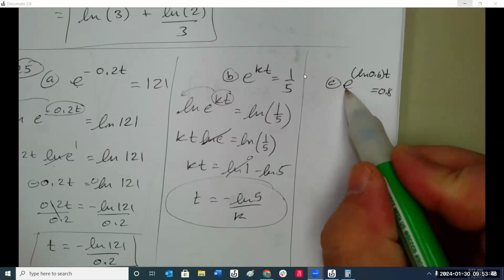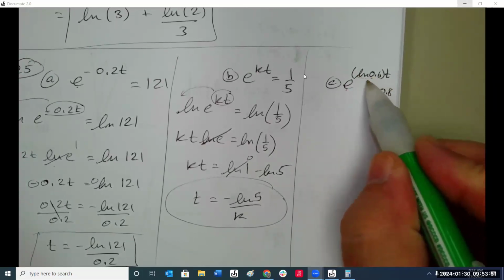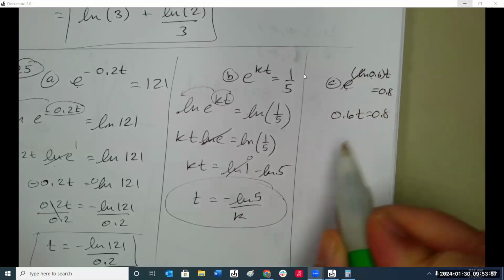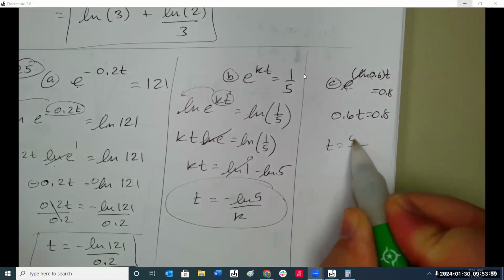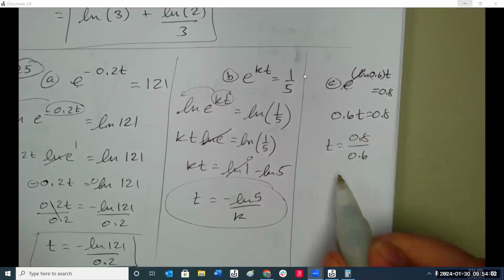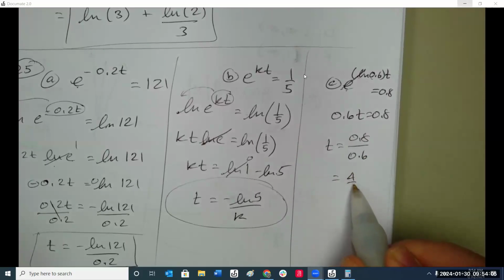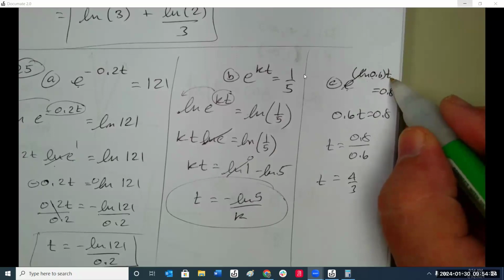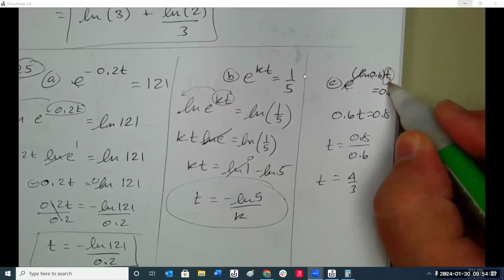This last one says e to the power ln. These cancel. So we have 0.6t equals 0.8. So t is equal to 0.8 over 0.6, which is equal to 4/3. Nope, I can't do that with a t there.